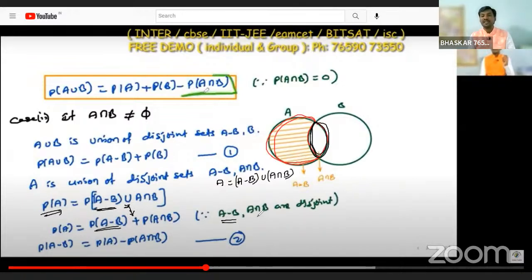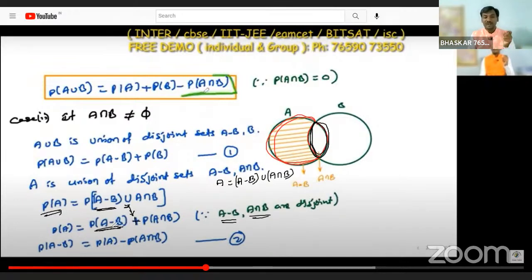Here A minus B and A intersection B are both disjoint sets, so we can add them, and these two give the probability of A.